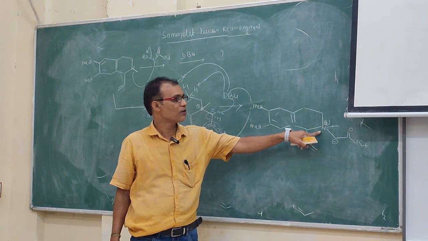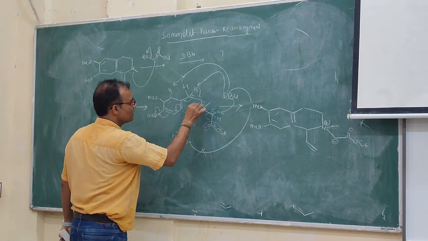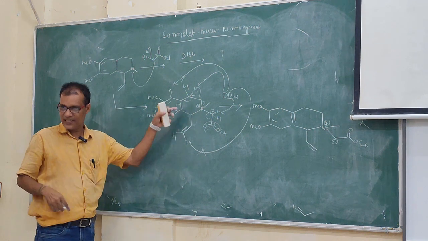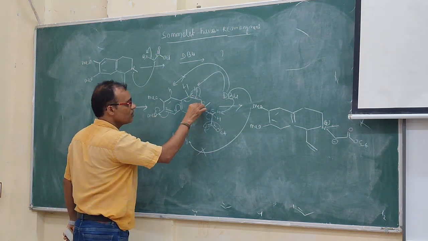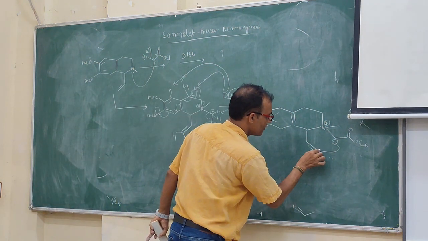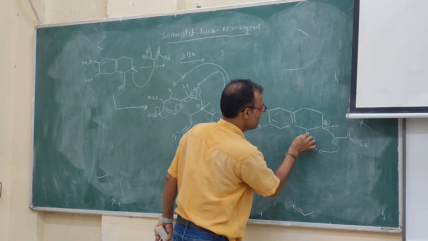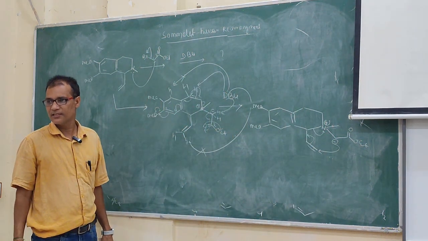If this comes to here, this can be neutralized. It can form a bond here and this bond will break. Another one comes to here and this is neutralized. Got it? This one attacks this.